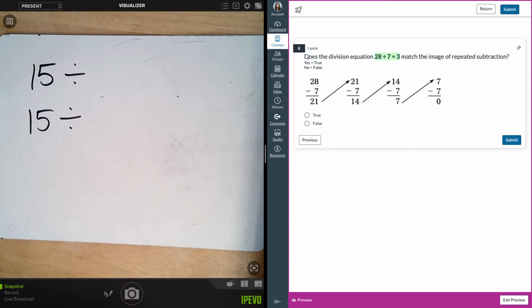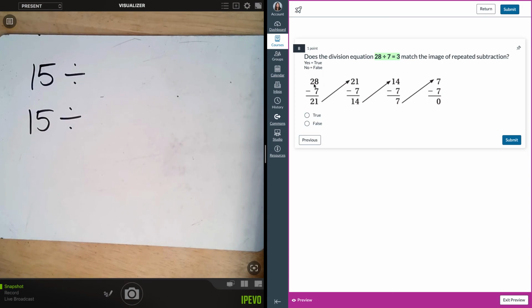Here we go. Does the division equation 28 divided by 7 equals 3 match the image of repeated subtraction? Yes is true, no is false. So is this showing 28 divided by 7 equals 3? Well, 28 divided by 7 is not 3.